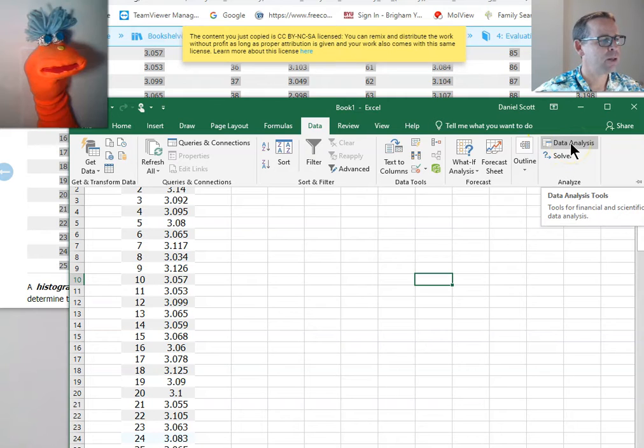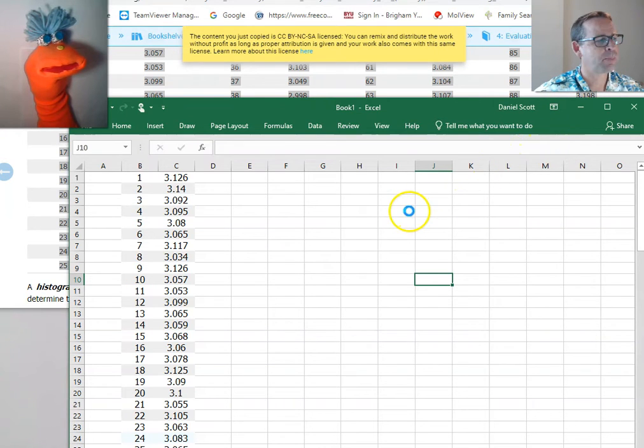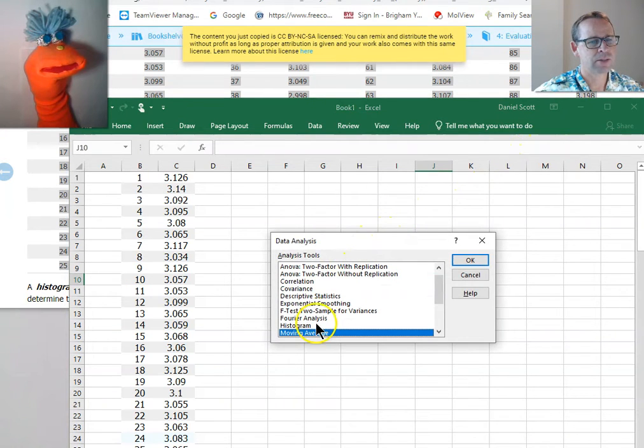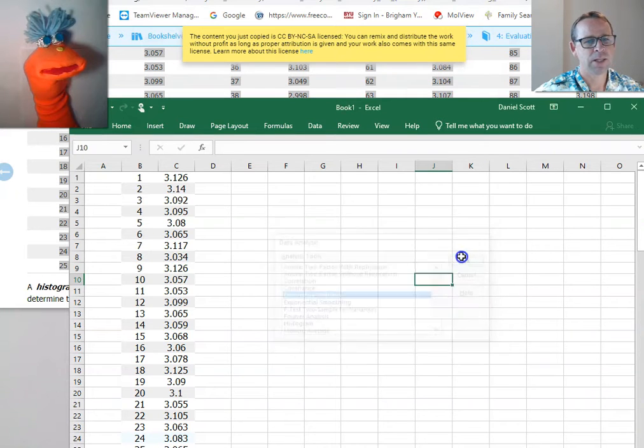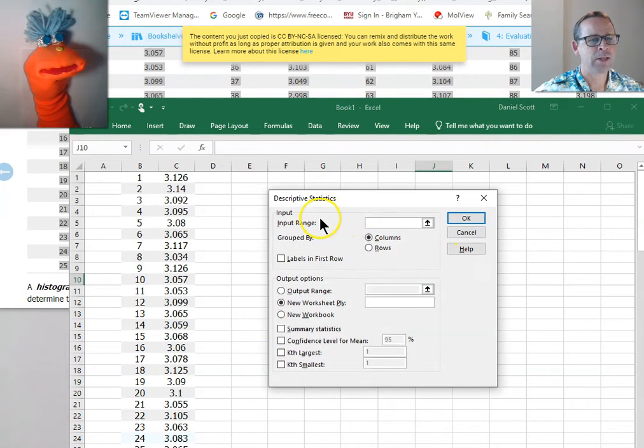If I click on the Data Analysis button, it brings up this option of different statistical analyses. The one that we want is Descriptive Statistics. And then I say OK. This is going to have my confidence interval as one of the outputs.